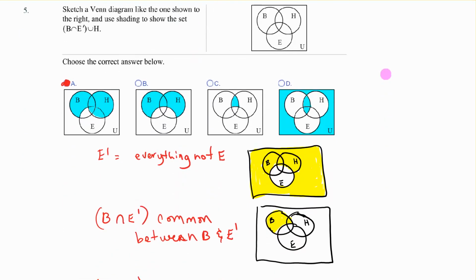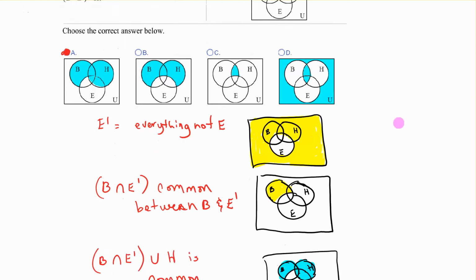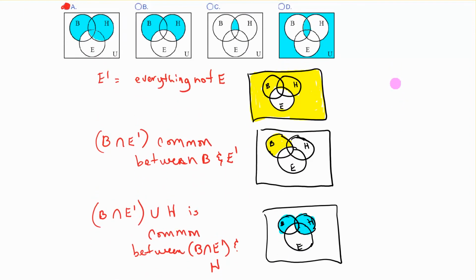Sketch a Venn diagram like the one shown to the right and use shading to show the set B intersect E prime and then union with H. So I did it in steps. So I did the first part. E prime is everything that's not in E, so that's this yellow here.